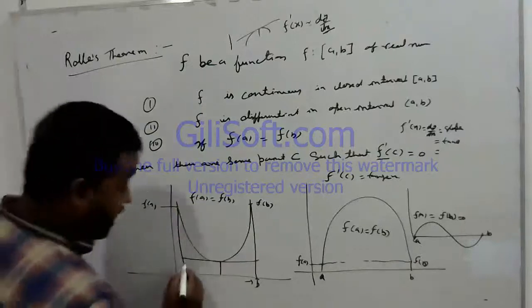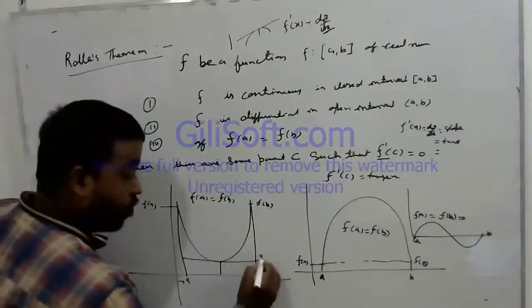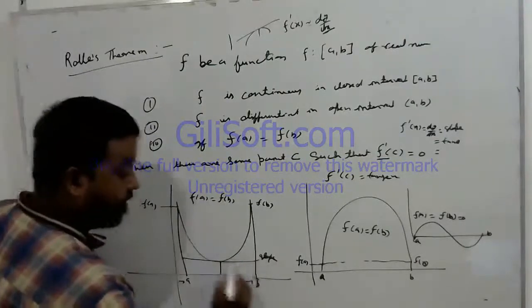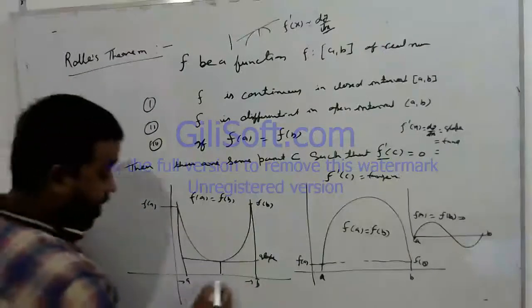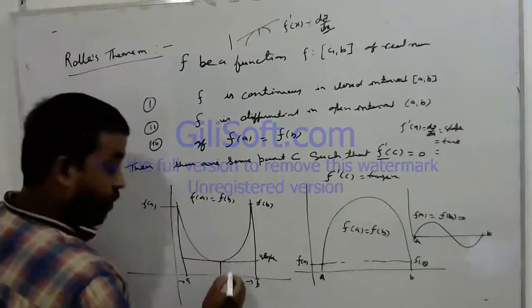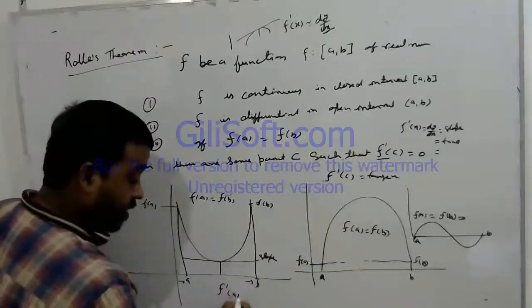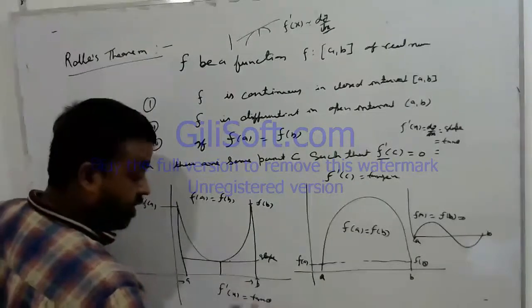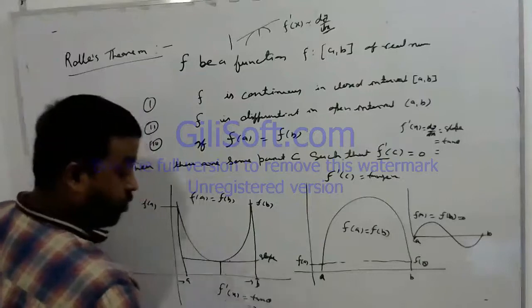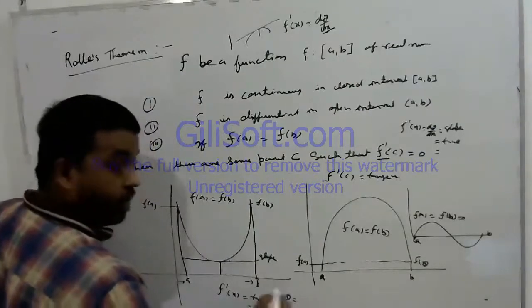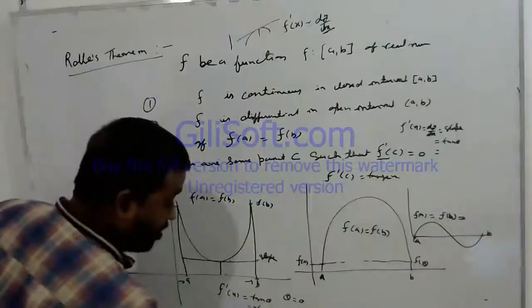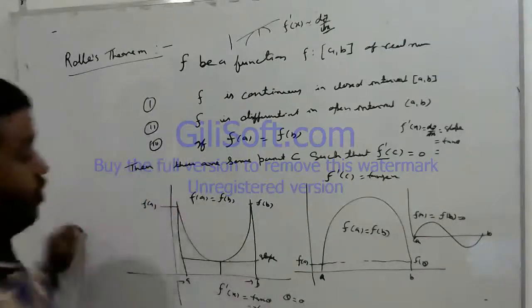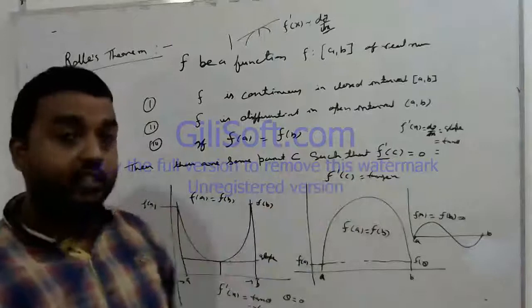Then what is the slope of this line? This line is parallel to the x-axis. When parallel to the x-axis, theta is equal to 0 degrees, and you know that tan 0 degrees is equal to 0. That's why we get f dash c is equal to 0.